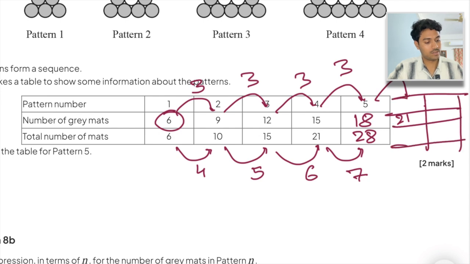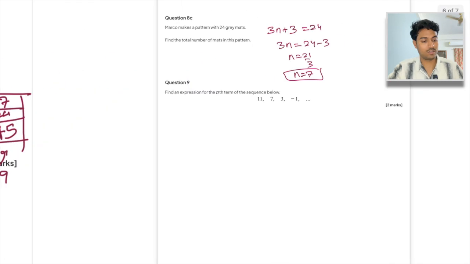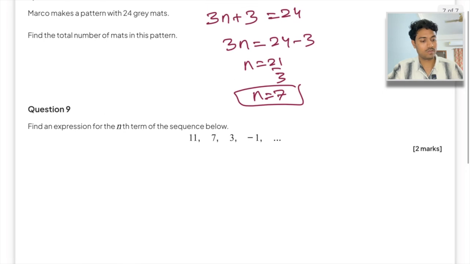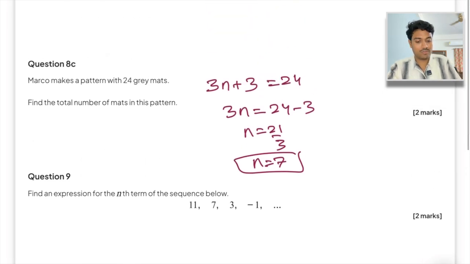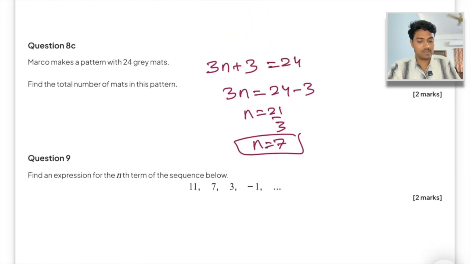This is the 7th. 21 plus 3, that's 24. This is going to be 28, plus 8, so that's 36, plus 9, that's 45. So the answer is going to be 45 over here. The total number of mats with 24 gray mats is 45.